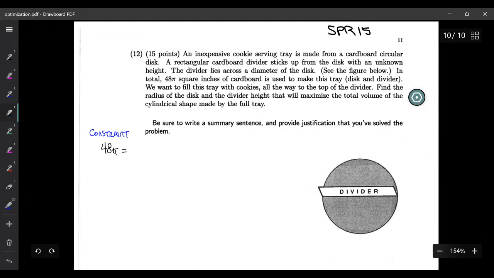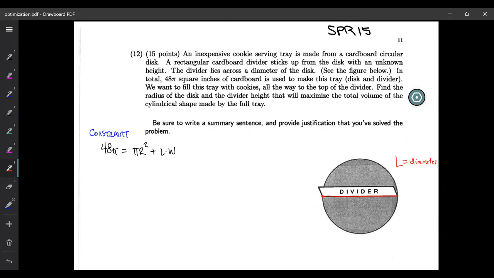So this cardboard is the circle, pi r squared, plus length times width of the cardboard divider. And if you look at your diagram, your length is equal to the diameter.